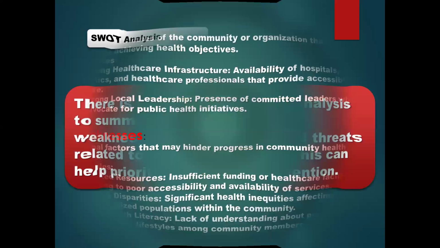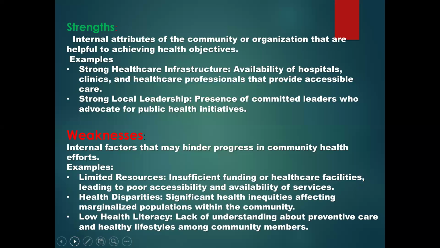Then you now utilize SWOT analysis. And let's look at what SWOT analysis is. First, the S there means strength. So you have to look at internal attributes of that community that will help you in achieving health objectives. Because it's very important. The essence of you doing situation analysis to know where we are currently is for you to intervene. And for you to intervene, you have to look at their strengths.